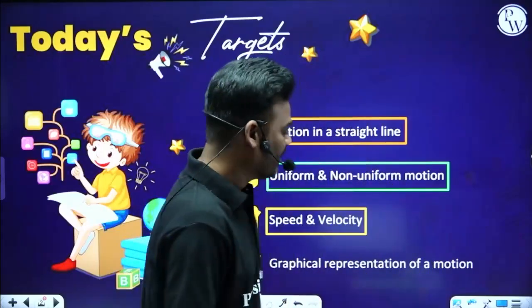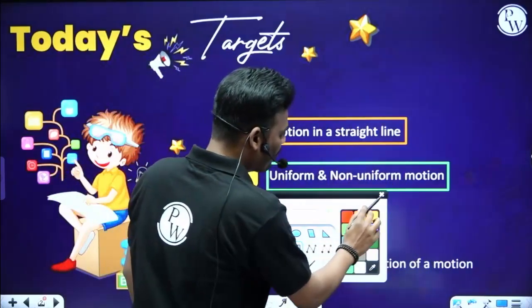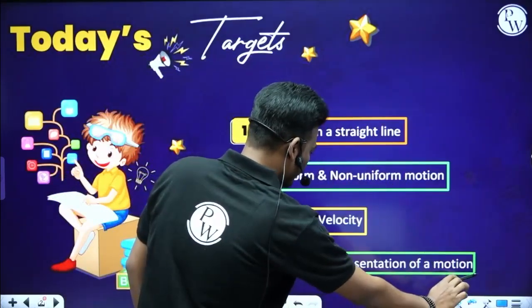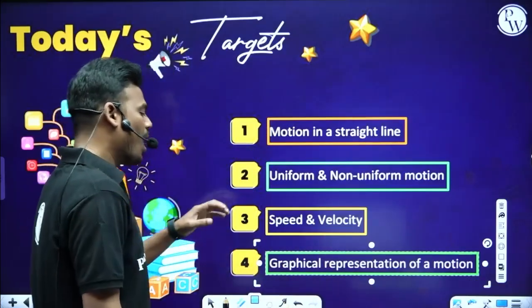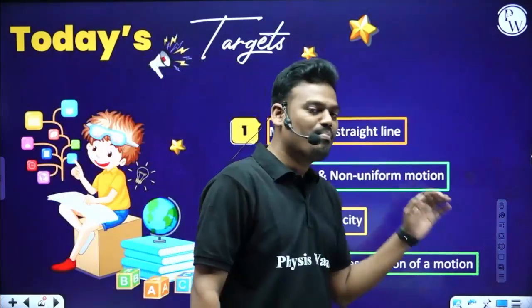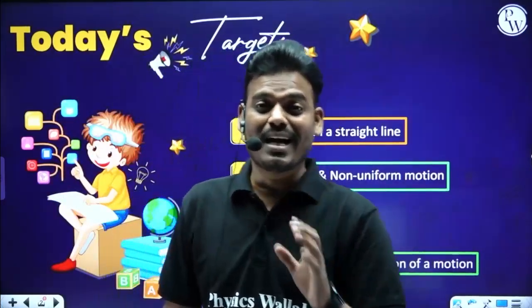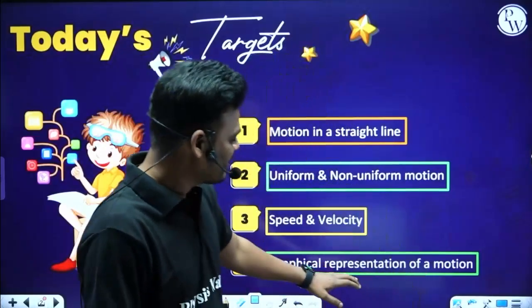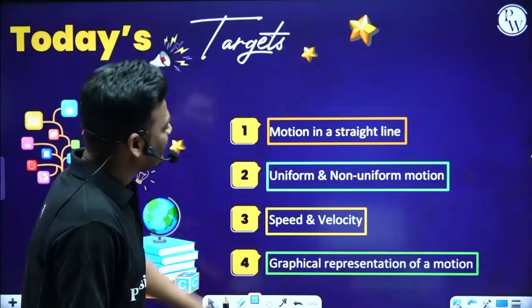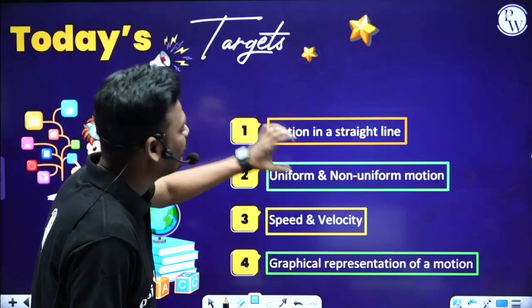And the last one, graphical presentation of motion, how we are going to represent the motion of an object graphically. It is a very interesting topic. Then let's start with the first term, motion.